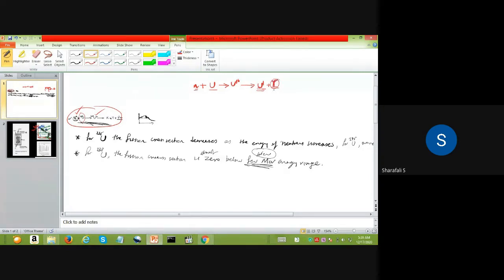Okay, this can also happen, and this particular process is called radiative capture, when you have this absorption of neutrons but there is no fission happening.